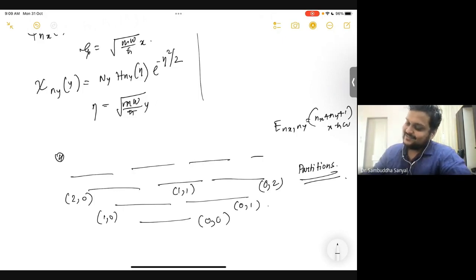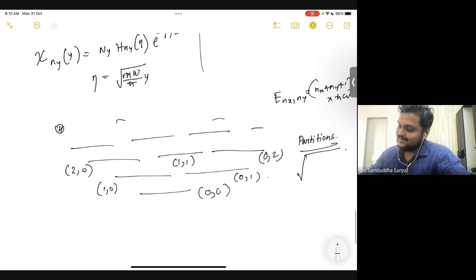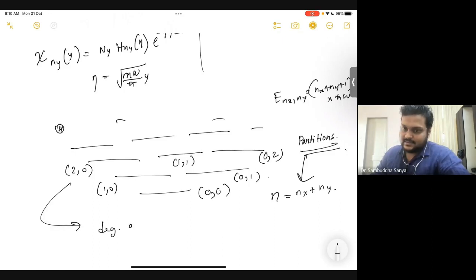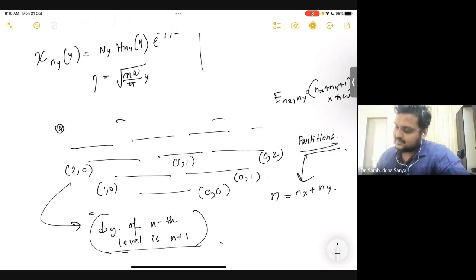So you can show that partition means, if you are given an integer, how many different ways are there to express it as a sum of two integers, and that will give you the number of degeneracies. And you can prove that in this case the degeneracy of the nth level is n plus 1. This comes from these partition properties.